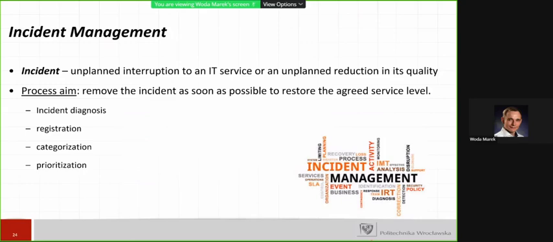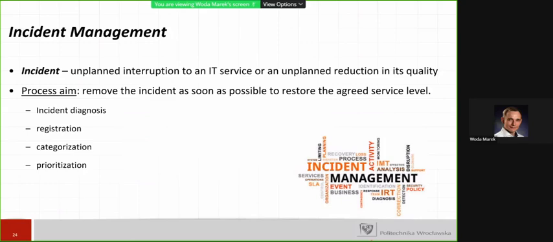And for example, the same story would be if the internet is completely gone, so you are not able to connect, or something went wrong, so your router is not able to get an IP address or something. So this is an incident, and the incident management process from the service provider is aimed to remove the incident as soon as possible, to restore the agreed service level.